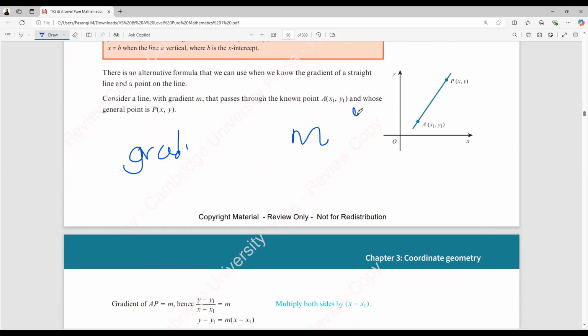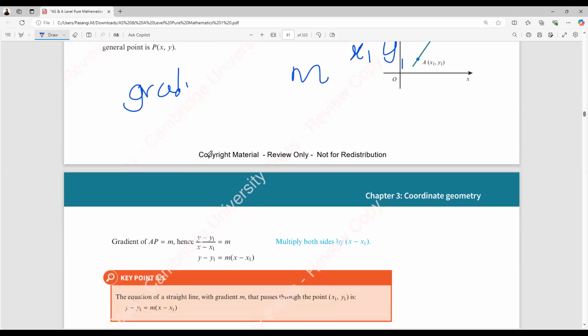This point is given, with coordinates x1, y1, and the general point is P, (x, y). Now, what will happen for the gradient of AP?